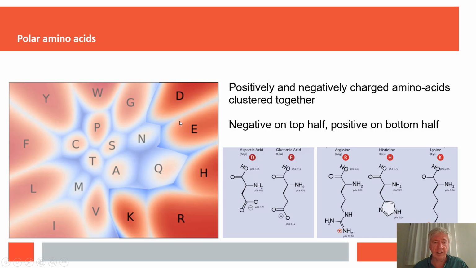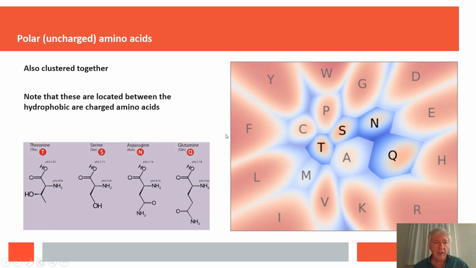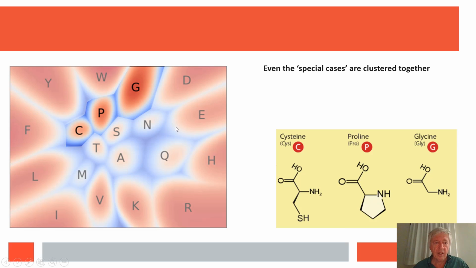The positive and negative. Negative here. This is positive, negative, neutral. Positive here. The polar ones, we find them here in one group connected in the middle. The special cases, glycine, proline, cysteine, next to each other here.